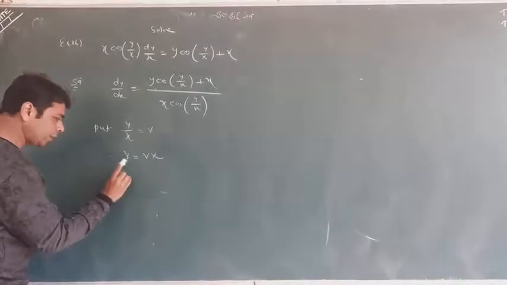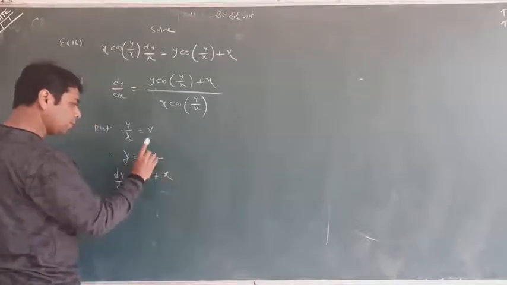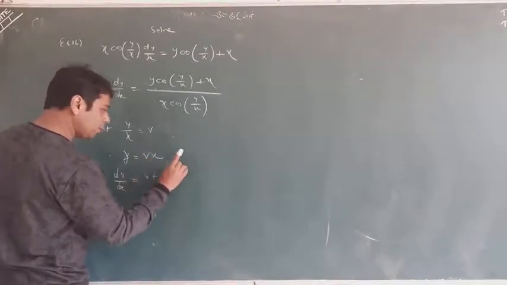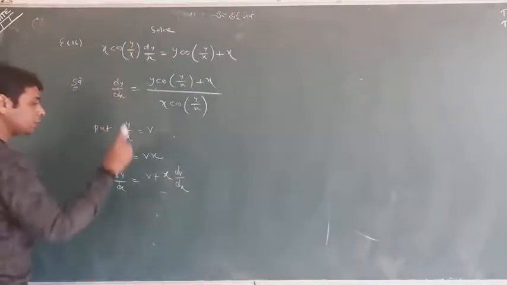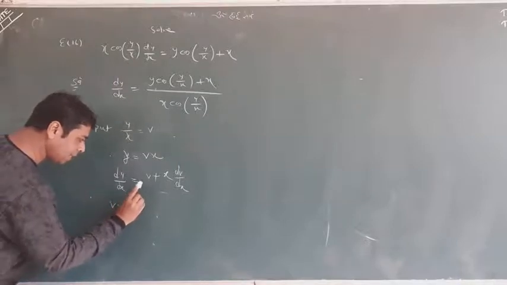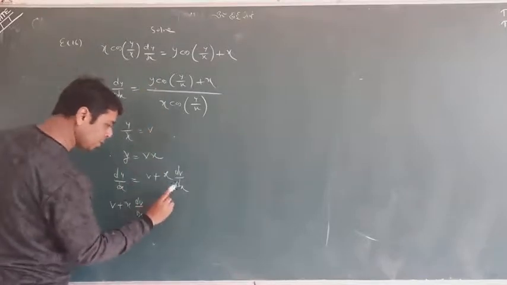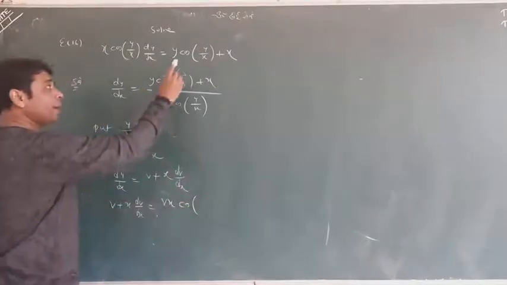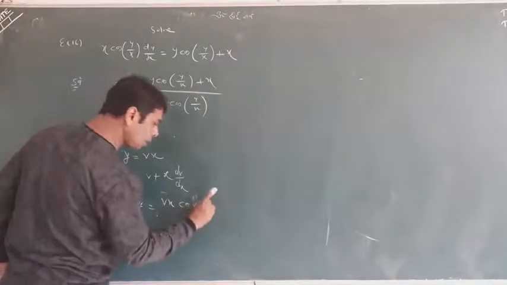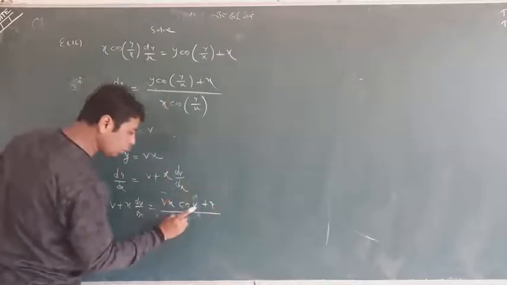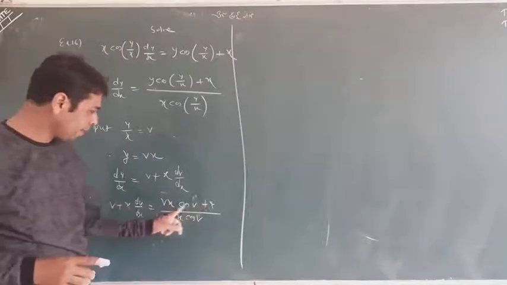Now do differentiation. dy/dx is equal to v times the differentiation of x, which is 1, plus x times the differentiation of v, which is dv/dx. Now put all the things here. Instead of dy/dx, you will write v + x dv/dx is equal to, y is equal to vx, cos of y by x is cos v, so v cos v plus x upon x cos v. Take x common and cancel with x.